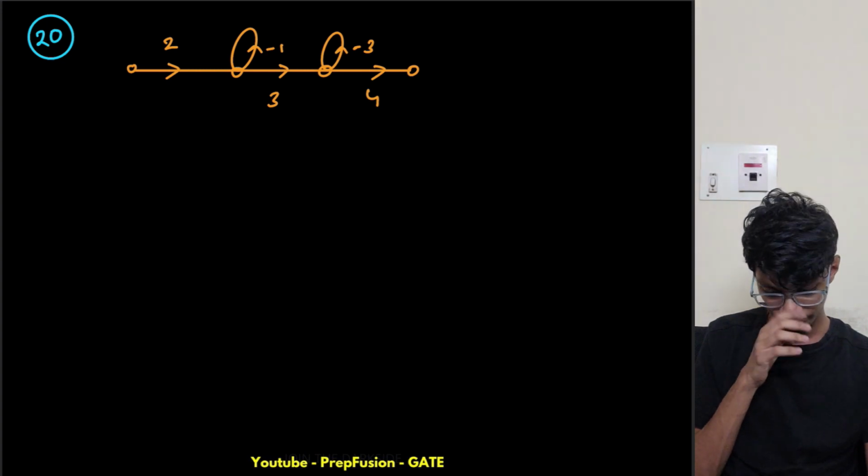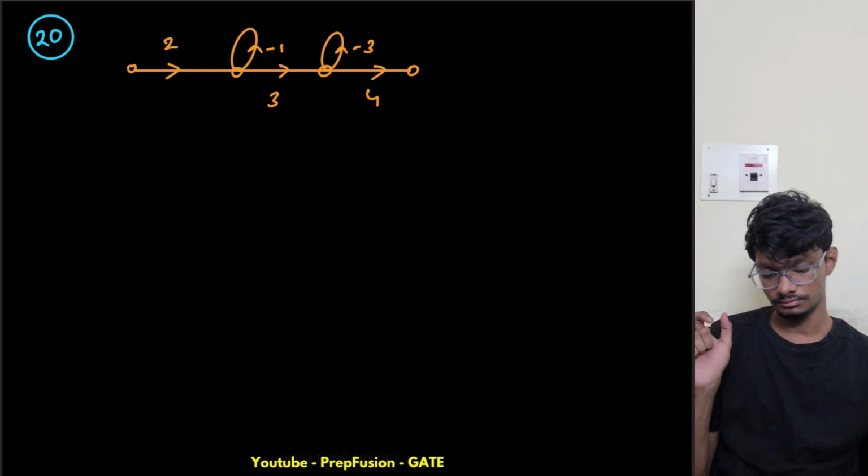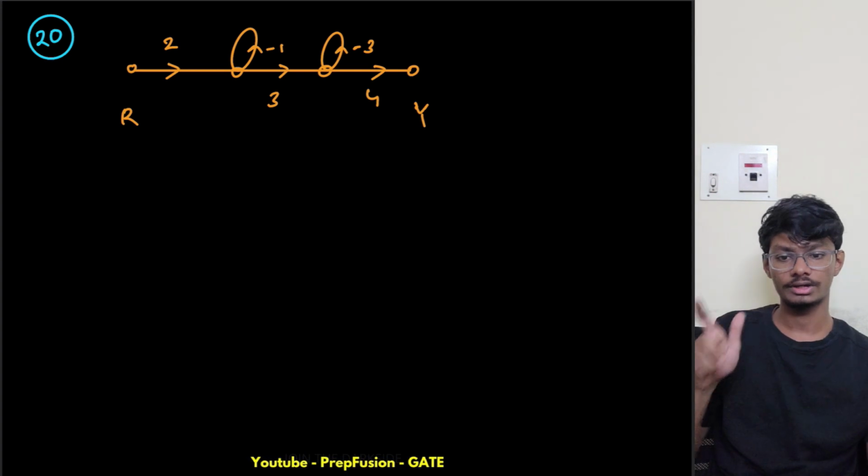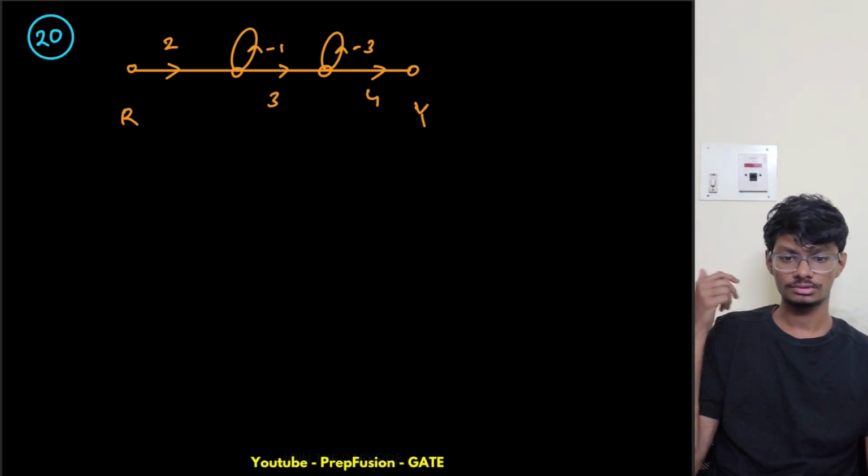Now I will find the transfer function of y upon r. I can write the equations, or use Mason's gain formula.